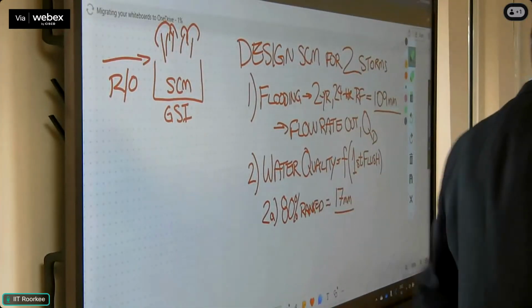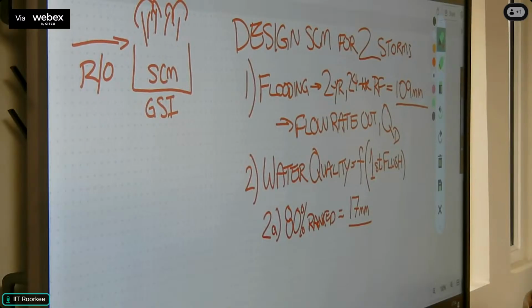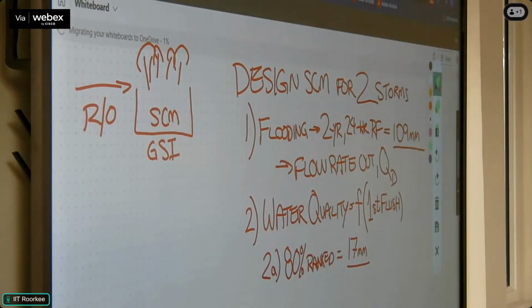But that 17 millimeters is not accounting for exactly how much is bypassing in big storms. Basically, if you have a 200 millimeter event and you're capturing 17, then the 17 doesn't even care how big the storms are that are behind it.